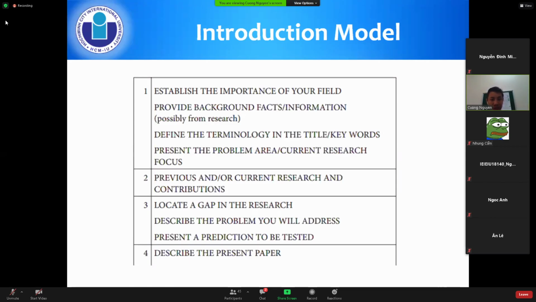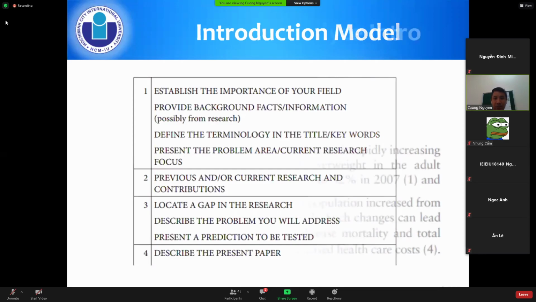Number 1 is background information. Number 2 is literature review. Number 3, research gap. And number 4, the current study description.